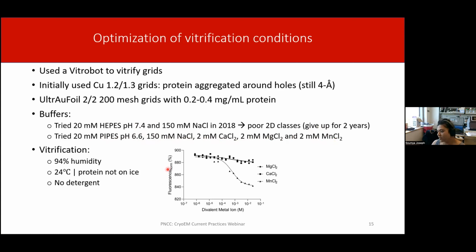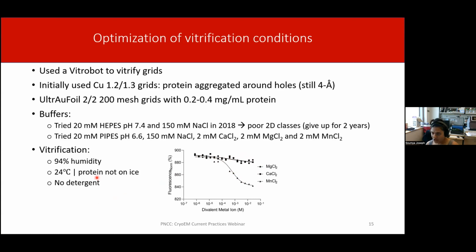We did some microscale thermophoresis assays where we titrated in manganese, and you can see that there's a binding, whereas magnesium and calcium really don't have a binding curve associated with it. So the manganese, it turns out, is labile and needs to be added back into large 1 in order for activity.